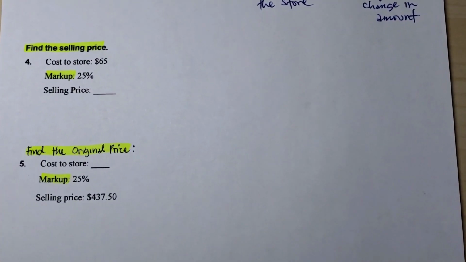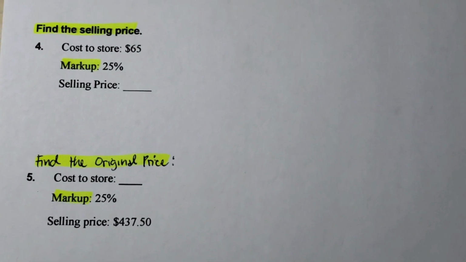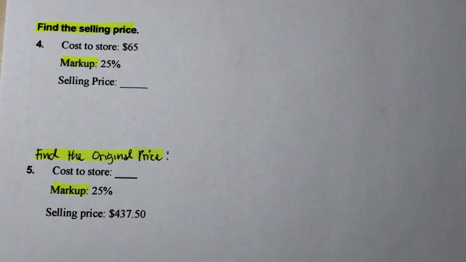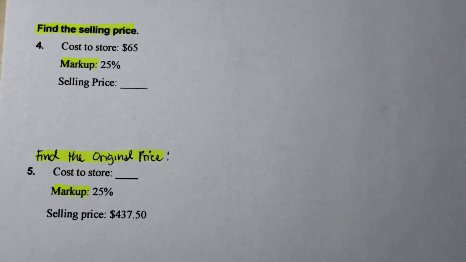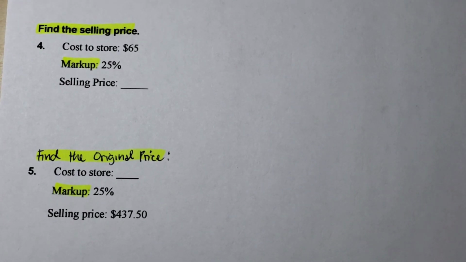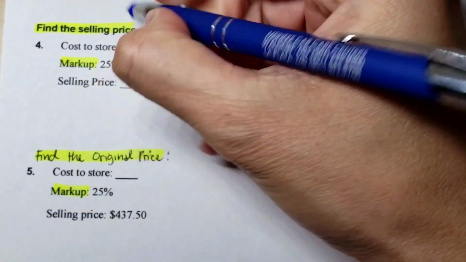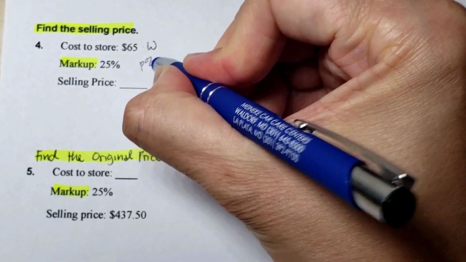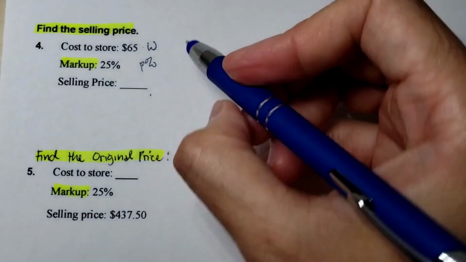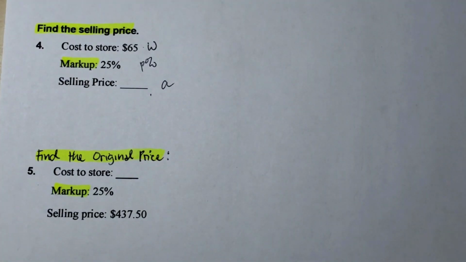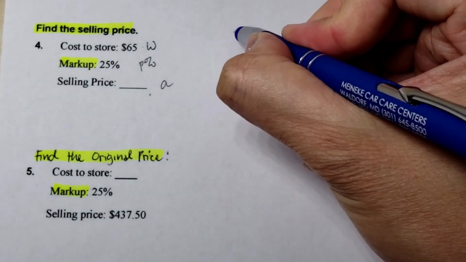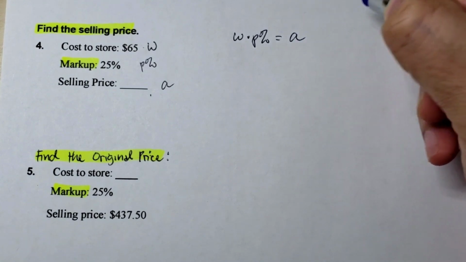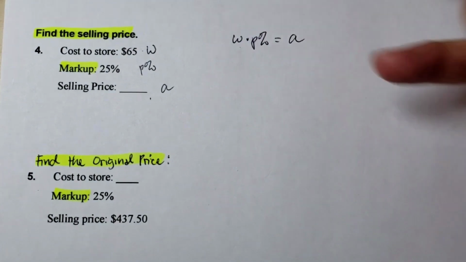Find the selling price. Let me zoom in. So if we're looking for the selling price, let's apply what we know. This is our whole, this is our percent, and this will be our A. Now, W times P percent is equal to A. What is our whole?